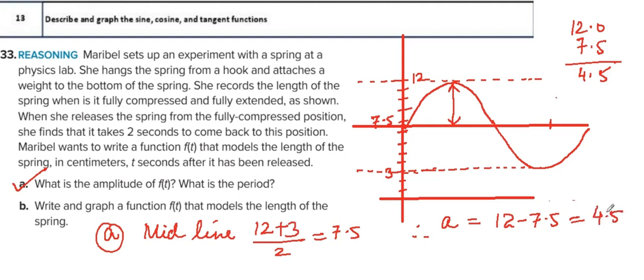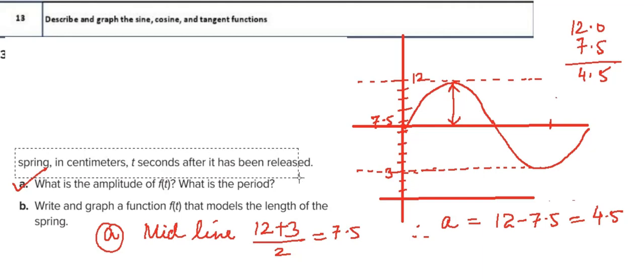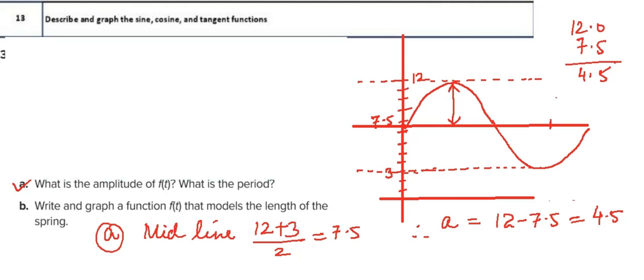Second thing, we are talking about the period now. How to find out the period? If you read the question, it's showing that she finds it takes 2 seconds to come back. So the period here is 2 seconds. What is the formula of period?